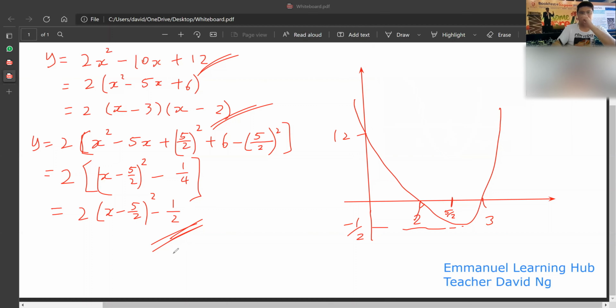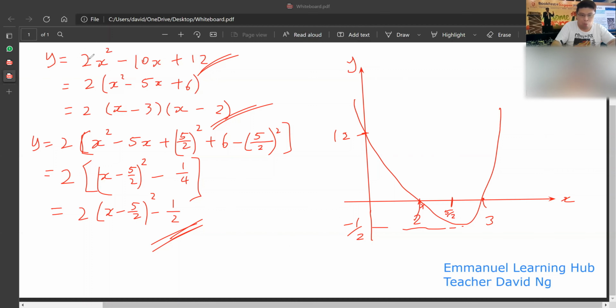The factorized form, you get where it cuts the x-axis. The original form, you know where it cuts the y-axis. You know how come it's 12, right? Because x is 0, so these two disappear, left with 12. So y is 12.